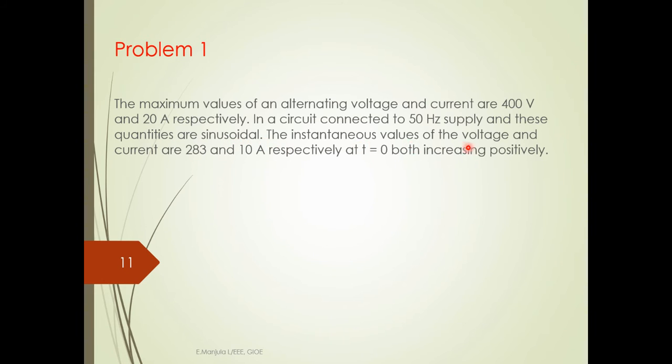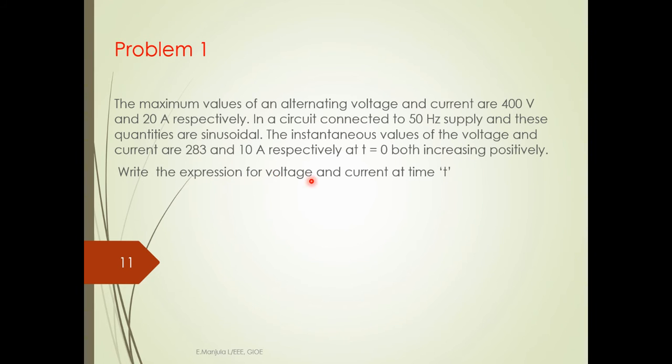The instantaneous values of voltage and current are 283 volts and 10 amps respectively at t equal to 0. Both are increasing positively. Okay.